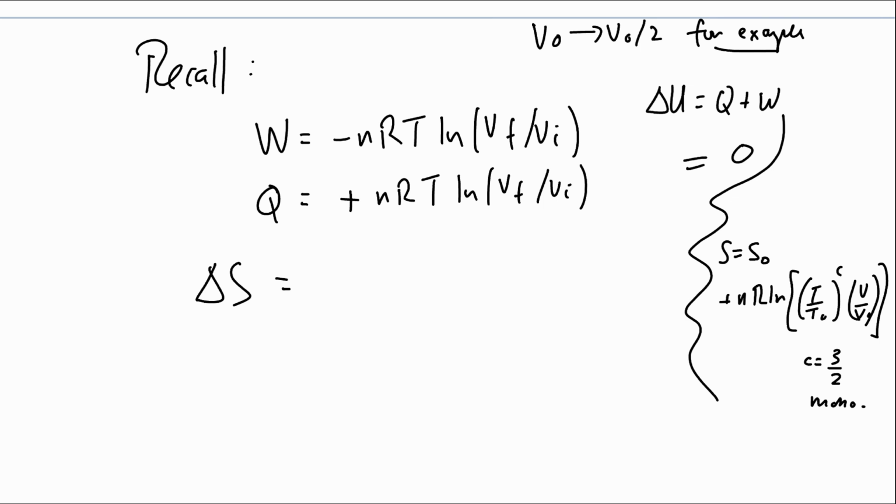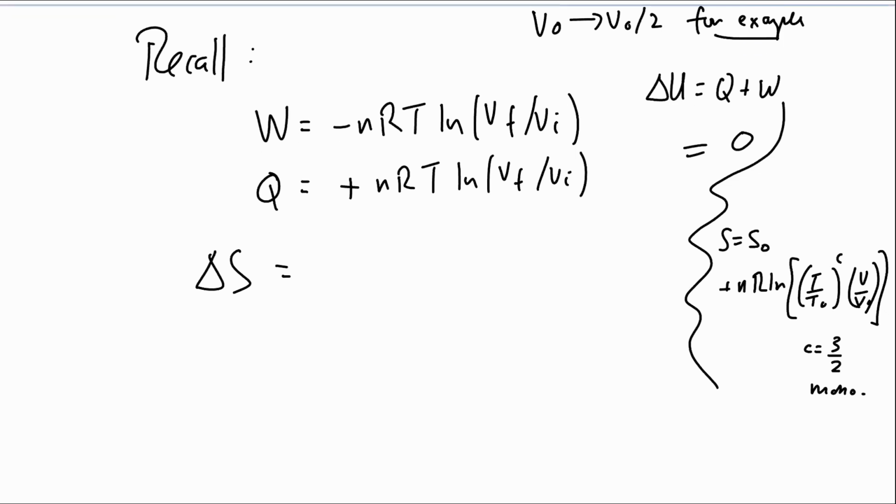The exponent has to be a dimensionless number. I talked about how you always want to have dimensionless things, so it's 3 halves, not 3 halves R or something like that. So if I use that for this case, then I get my NR log V final over V initial.